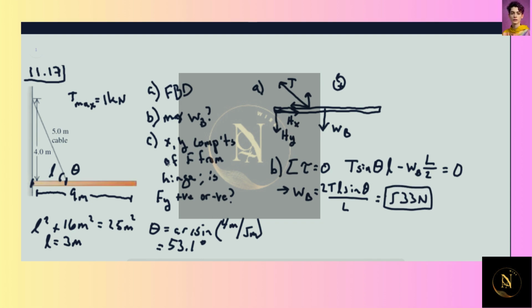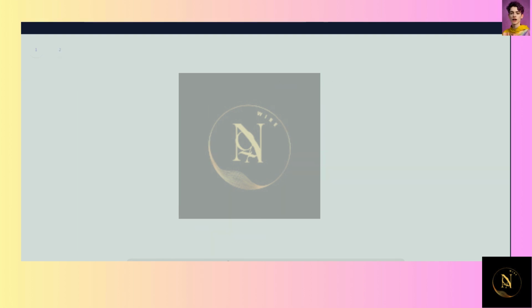Now in part C, we want to find the components of the force that the hinge is exerting. Start a new page for this. So here we'll use our other equilibrium conditions, that the sum of all of the x and y components of the forces acting on the beam have to be 0 because it's not accelerating, or we don't want it to be accelerating.